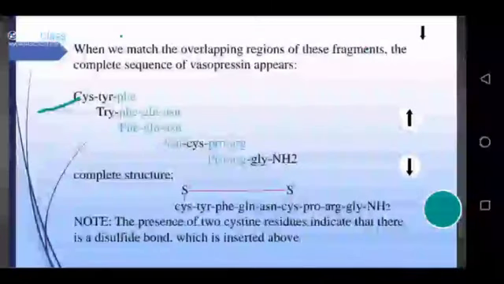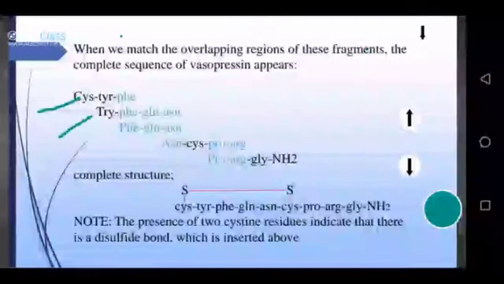Now, right here before you is the main answer to this question. When we match the overlapping regions, regions that have common amino acids are overlapping. You can see this first strand, cysteine, tyrosine, phenylalanine. Phenylalanine is also found in two more strands.